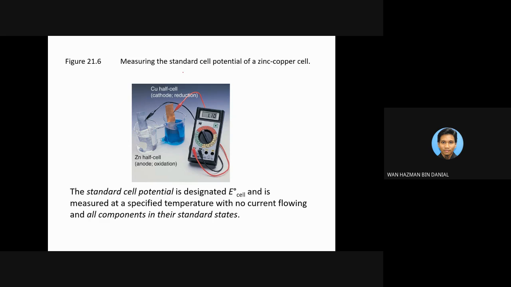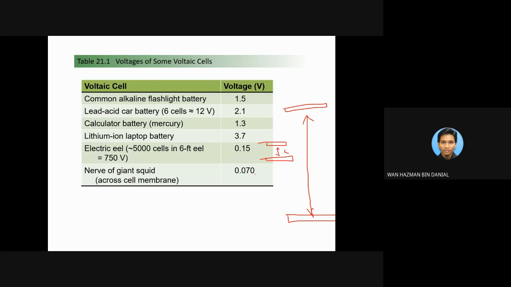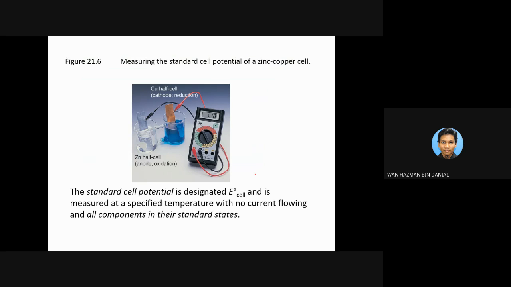Okay, and then measuring the standard potential of zinc copper cell. So kalau tadi E cell tadi adalah voltage yang produce lah antara dua ni. And then kita ada juga the term that we use as the standard cell potential. Okay, we write it as the E node cell.